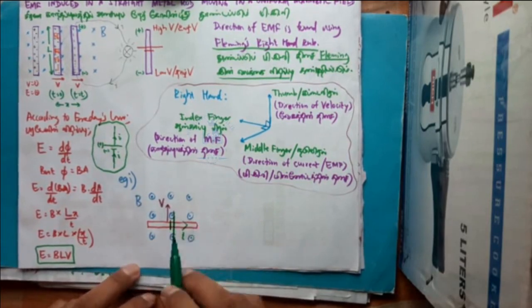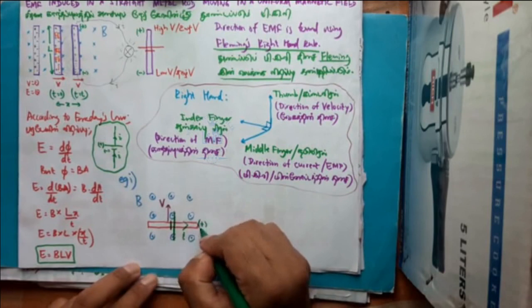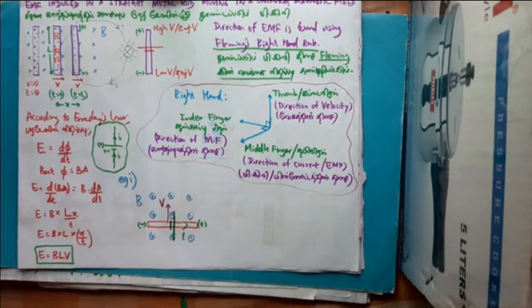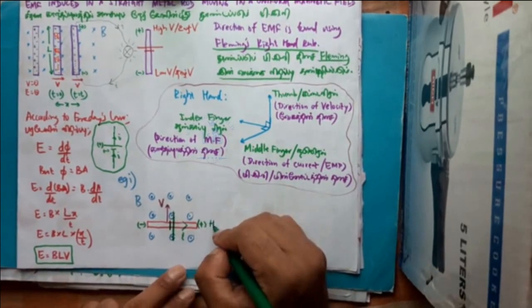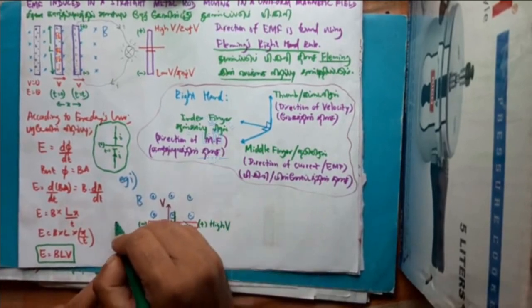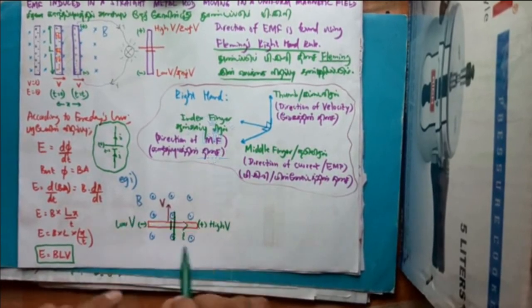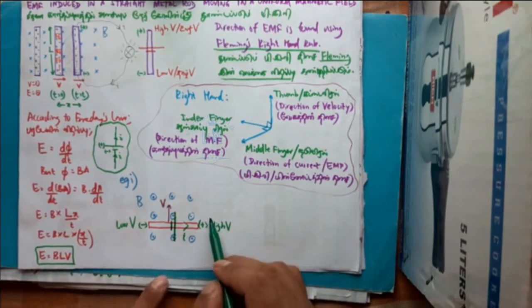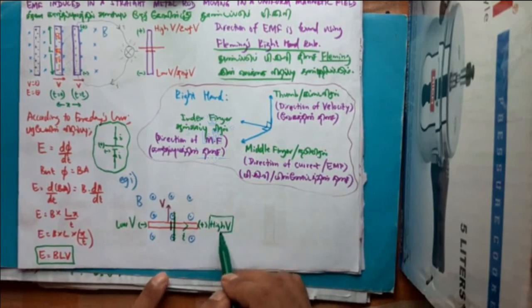So this is going to be your positive end, this is going to be your negative end. Careful, very, very careful. This is going to be your high potential end, this is going to be your low potential end. Identifying this is very, very important, because most of the questions are based on that.